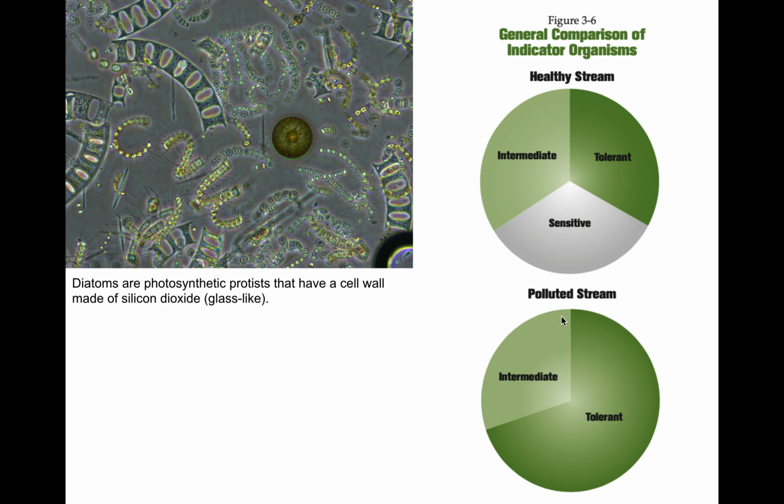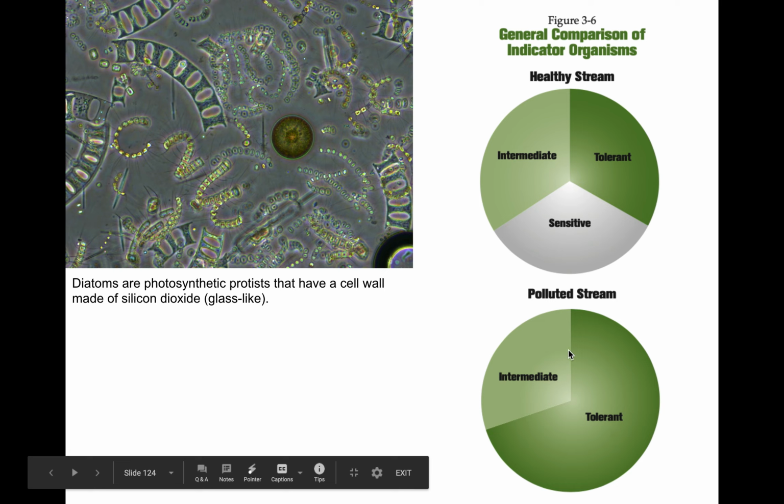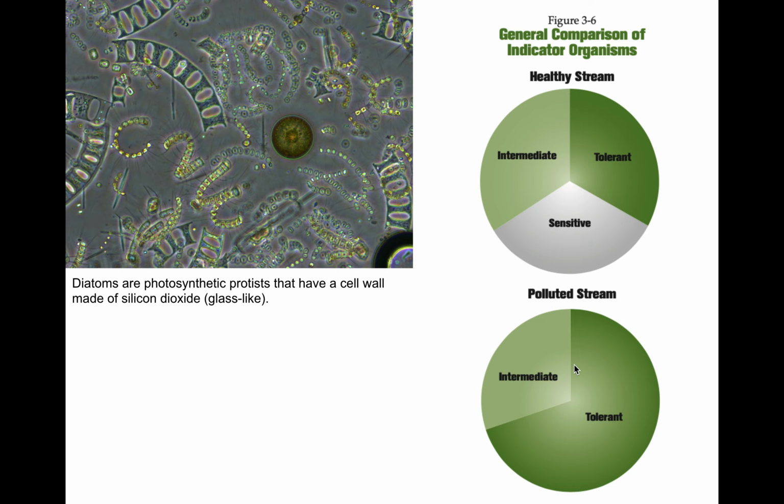If you have a polluted stream, you are going to see a loss of the sensitive species. They can't deal with the pollution. And you're going to see an overpowering of the tolerant species. They can overgrow, outcompete the intermediate species. So if you get a decrease in diversity and an overabundance of only specific species, that's a good indication that you have some pollution going on.